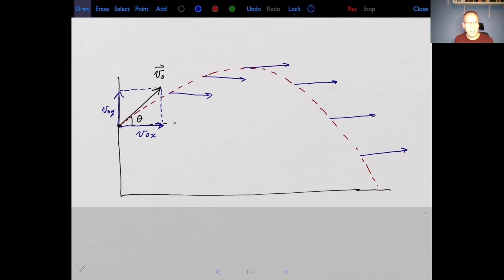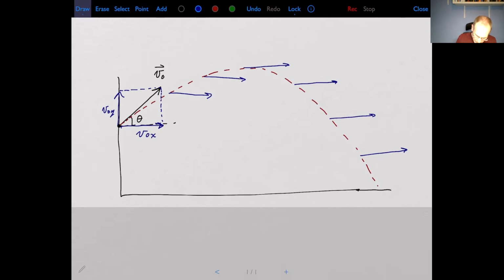What about the y direction? Again, we're assuming the ball is just in the air after it leaves the launcher. Are there any forces acting on the ball in the y direction? Yes, the gravitational force, the force that the earth exerts on the ball, or you could also call it the weight of the ball. So in the y direction, we get free rise, free fall motion, that we've studied many times.